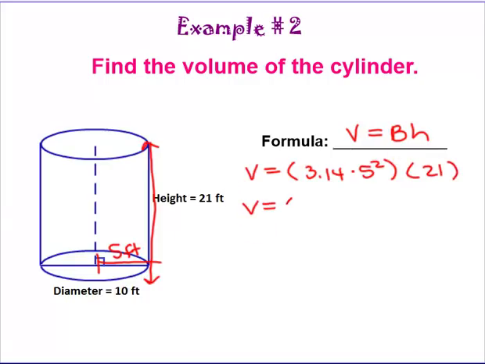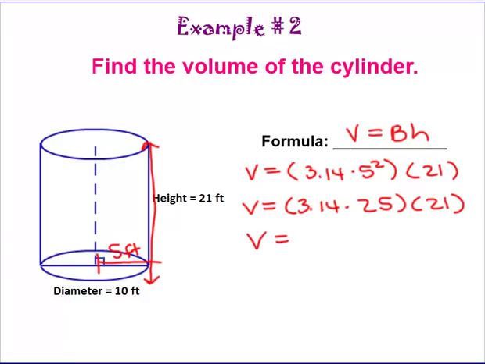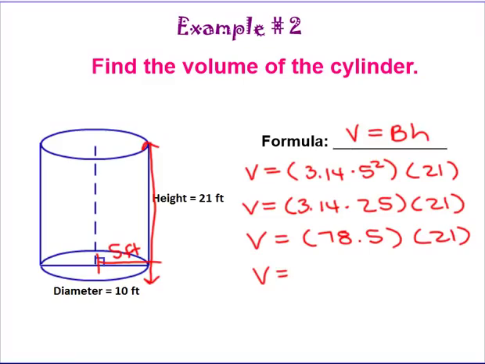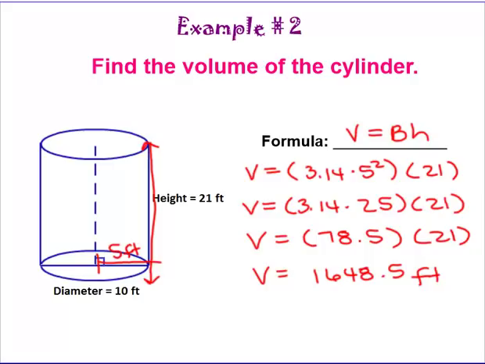So volume equals 3.14 times 5 to the second power, which is 25, times 21. Now I'm going to calculate 3.14 times 25, and I get 78.5. And I'm going to multiply it times the height of the prism, which is 21. And I get 1,648.5. And our units are feet to the third power.